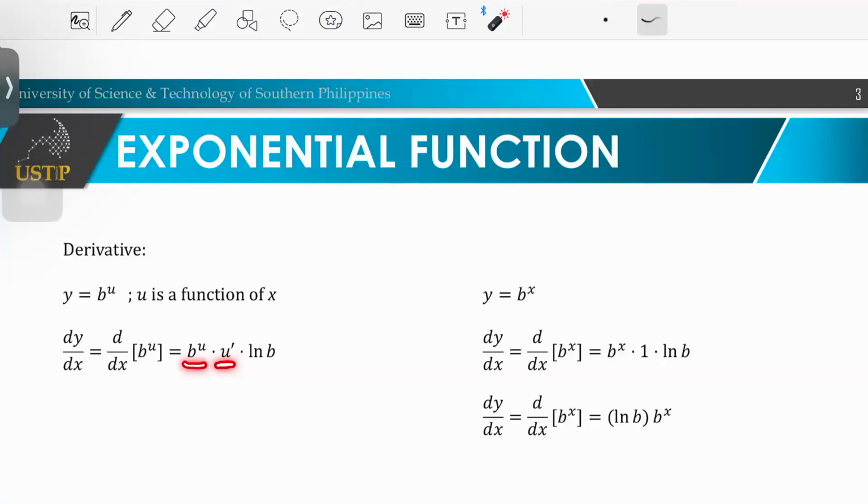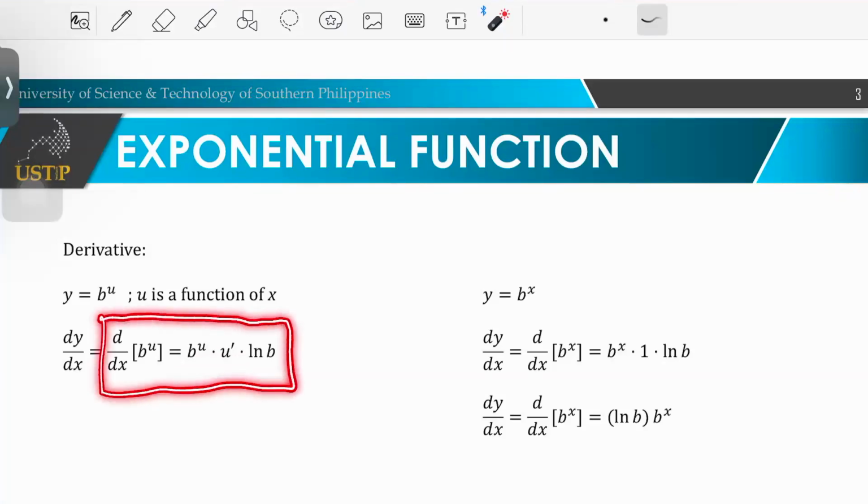And then, lastly, multiply by ln of your base, that is ln b. Again, this is the general expression for the derivative of b to the u: copy b to the u, times u prime, whatever function that is, and then multiply by ln b.